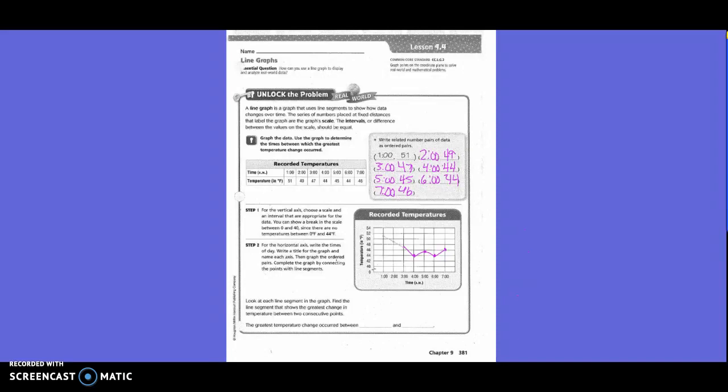So where was our greatest temperature change, guys, between 2 points? From 3 o'clock to 4 o'clock. Okay, so between 3 o'clock and 4 o'clock, how much temperature difference was there between those two?